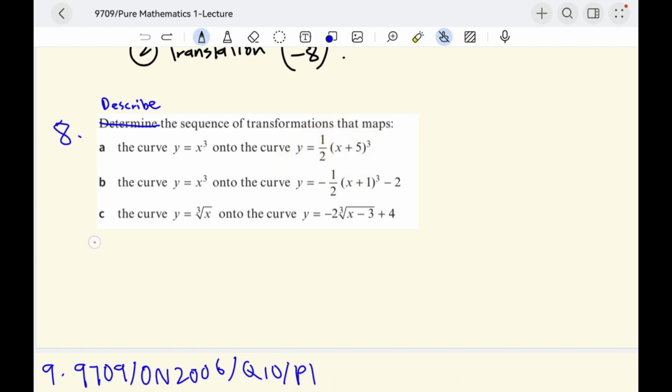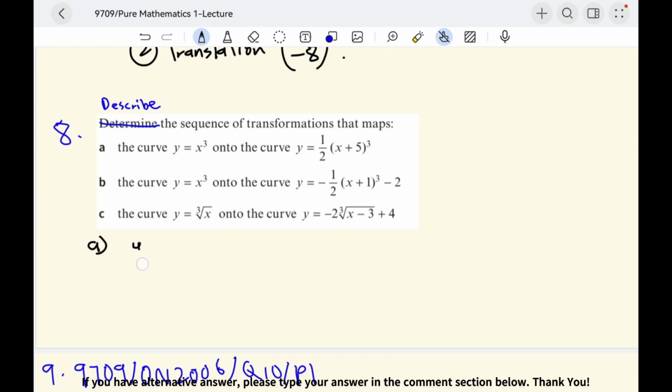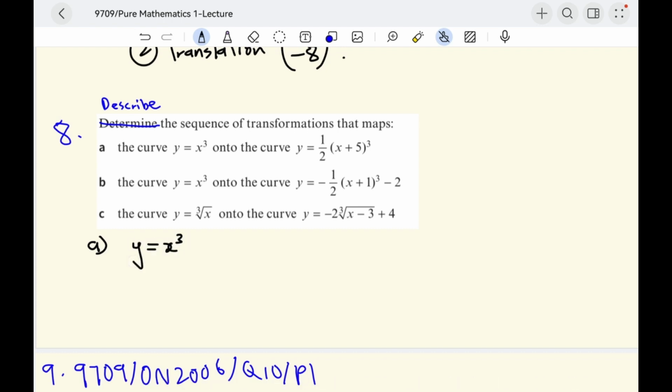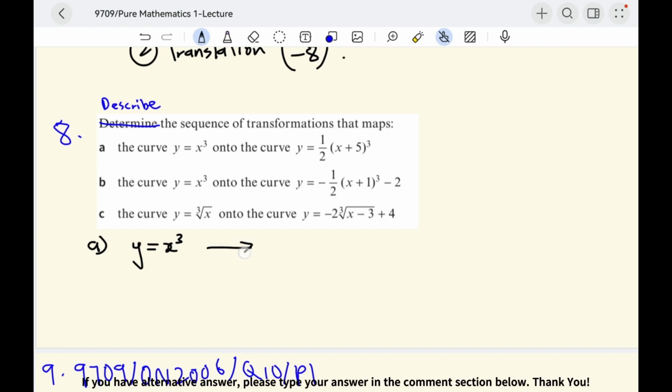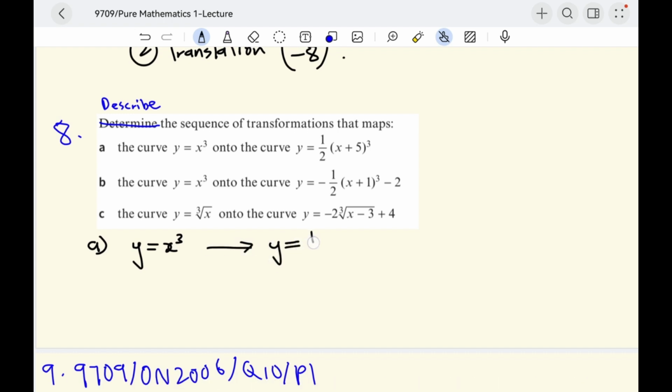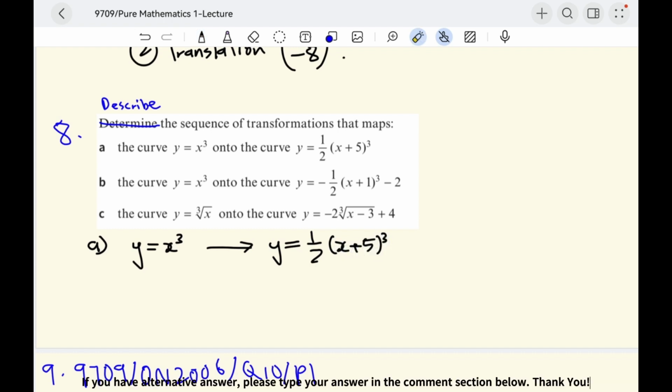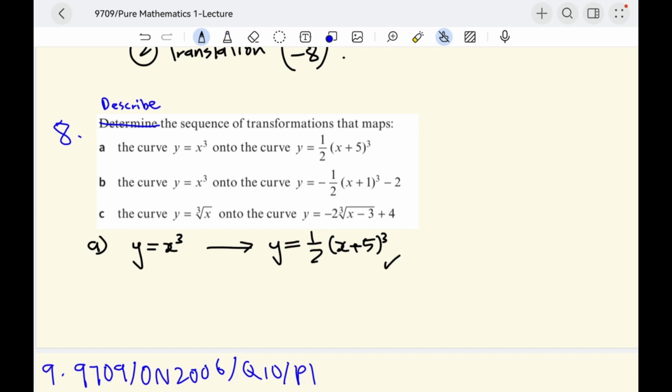So let's do part A. Given the equation y equals x cubed, it transforms into the curve y equals half (x plus 5) cubed. What you can observe is that there's a half over here and there's a plus 5. So no matter how you sort the sequence of the transformations, in the end you will get the same transformed curve.